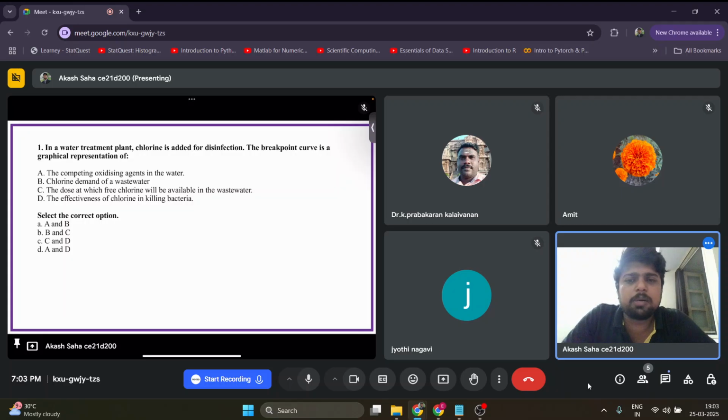But here we are talking about only the breakpoint curve. So yes, as Amit has already pointed out, the chlorine demand will also be represented by this breakpoint curve. So basically the chlorine demand and the dose at which free chlorine will be available in the wastewater are the two representations that we get from this breakpoint curve. So the correct option is B and C.